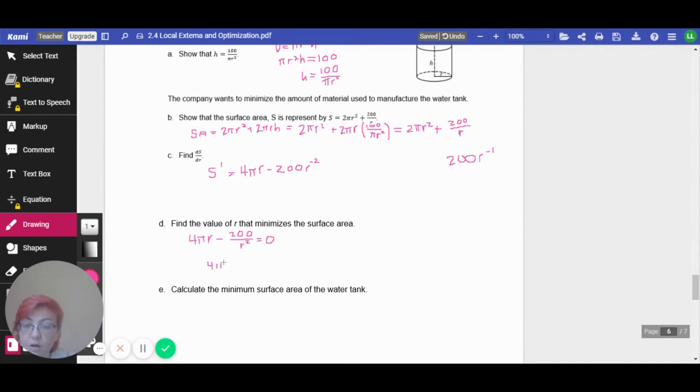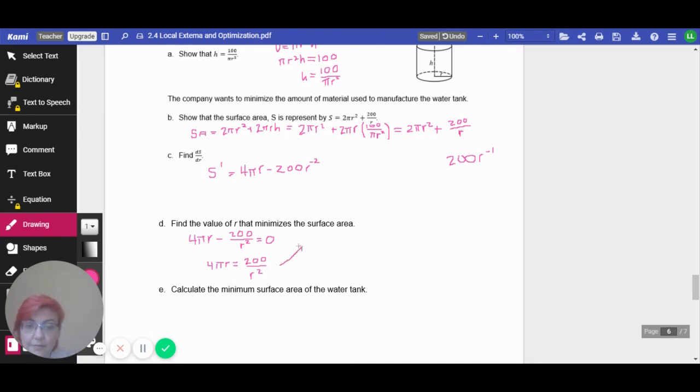So that's 4 pi r equals 200 over r squared. Next, we're going to multiply both sides by r squared.